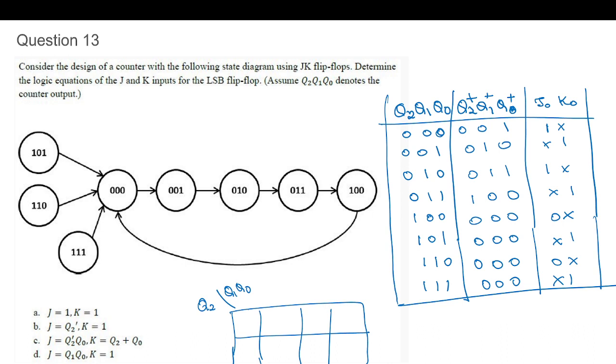I will simplify for J0. K0 is 1. So it is 1x, 0x, 0x. So this is Q2 bar.